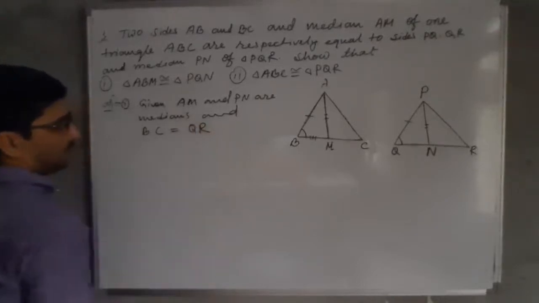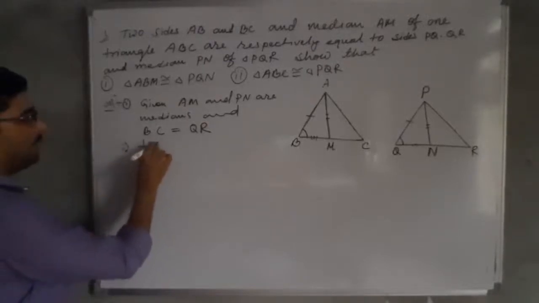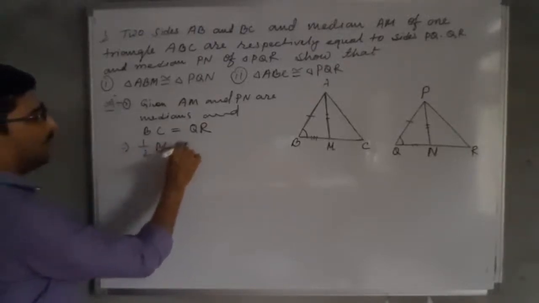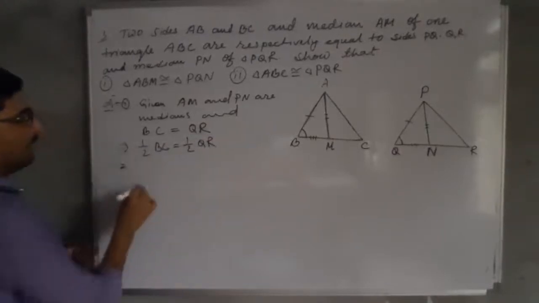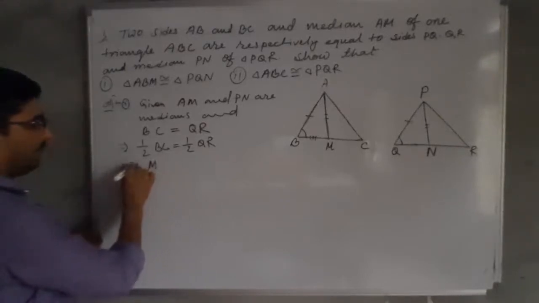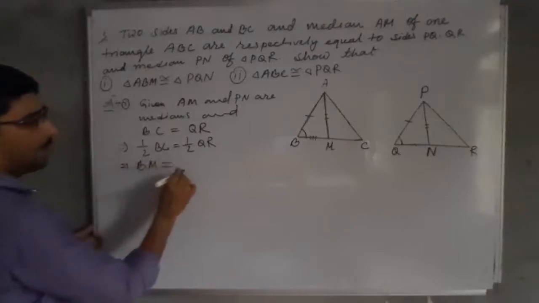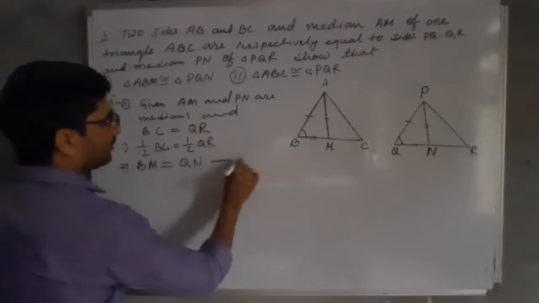These are given. Then if they are medians, then we can write half of BC is equal to half of QR. Then half of BC we can write BM. BM is equal to half of QR, you can write as QM. This is suppose 1.